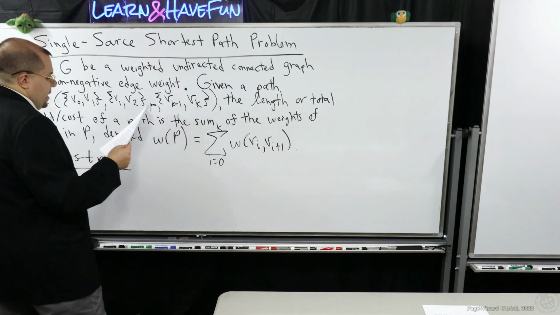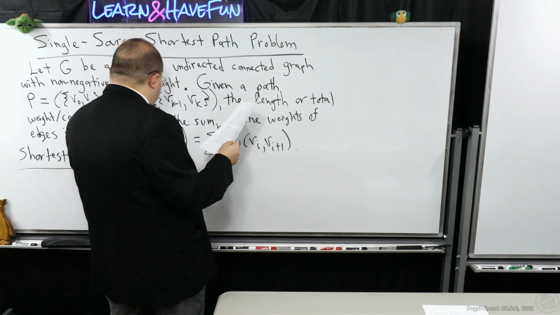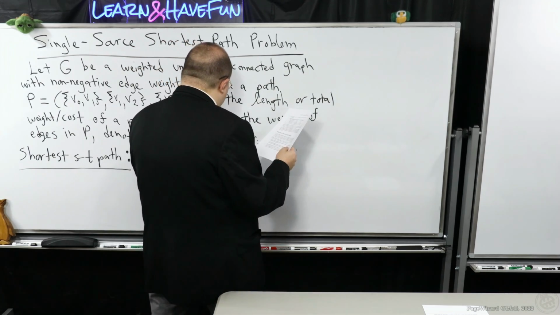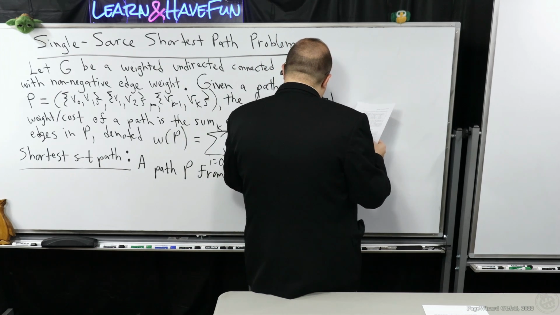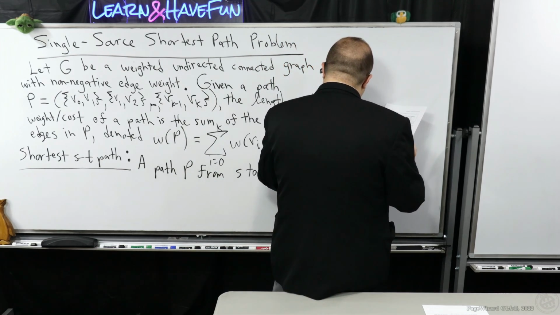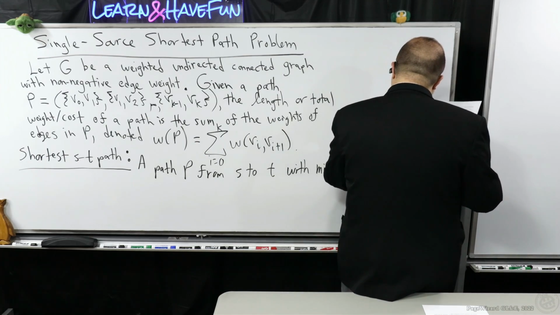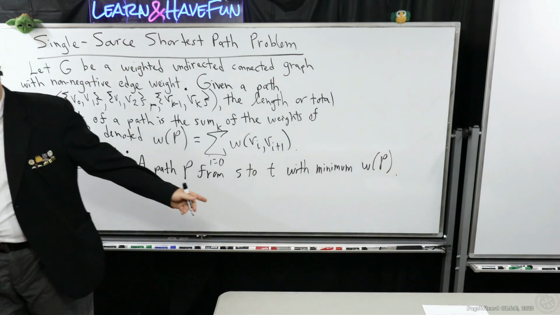It's going to be simply a path P from s to t with minimum length. Right? That's what that means.